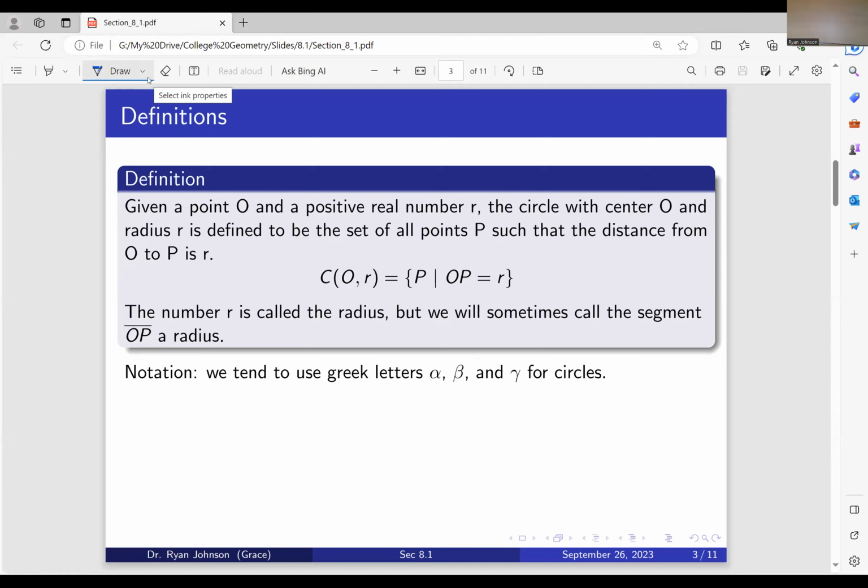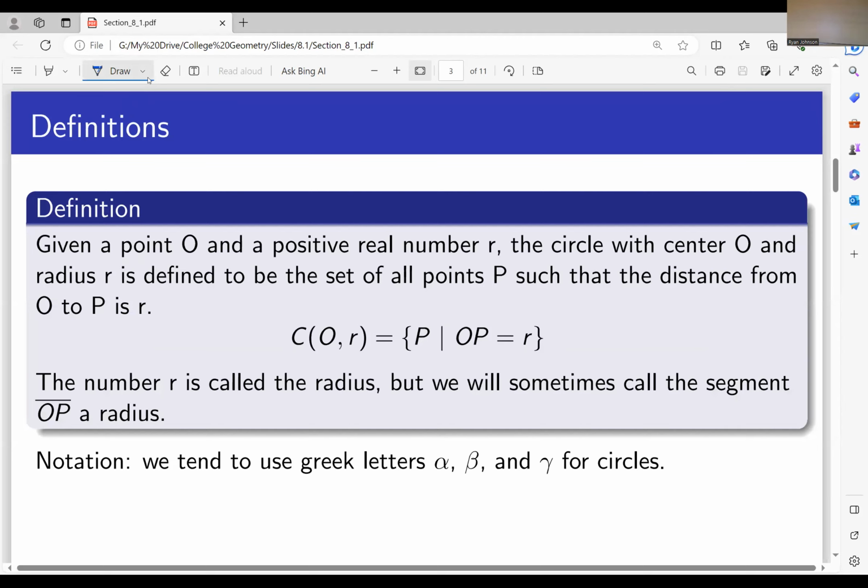Definitions. Our definition of a circle: given a point O and a positive real number R, the circle with center O and radius R is defined to be the set of all points P such that the distance from O to P is R. So the circle centered at O with radius R is all these points P such that OP equals R. The number R is called the radius.